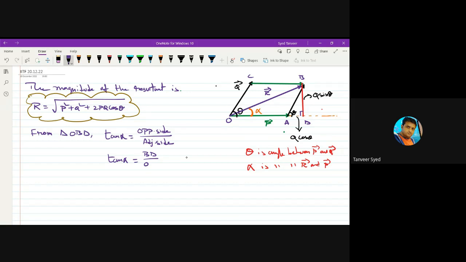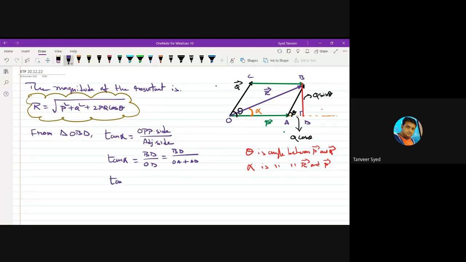So from triangle OBD, which is a right angle triangle, if I write tan alpha, which is the ratio of the opposite side to the adjacent side, the opposite side in the triangle is BD for alpha, and the adjacent side is OD, which can be written as BD by OA plus AD.